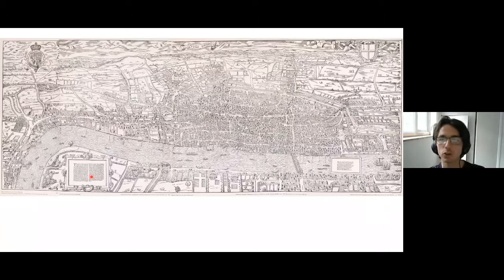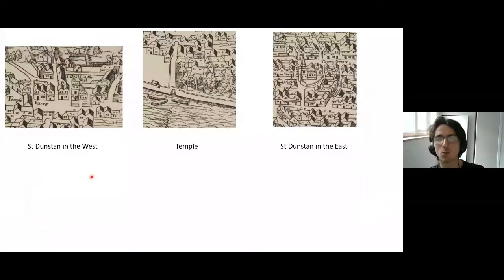One of the interesting approaches taken by the map maker, Ralph Aggas or otherwise, is an interesting combination of reproduction of uniform shapes, but also some examination and delineation of particular forms as well. That's particularly evident in the churches that are included in the map. Here we can see 3 churches: St Dunstan in the West, Temple Church, and St Dunstan in the East.